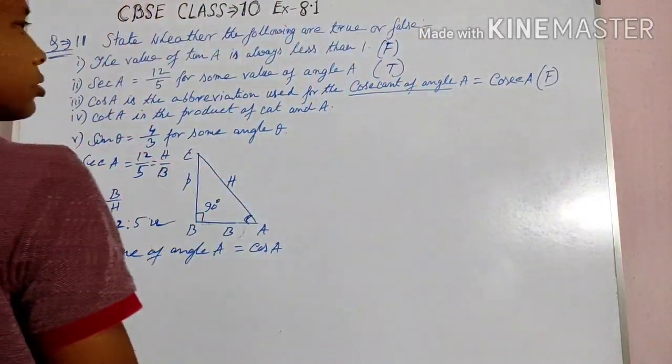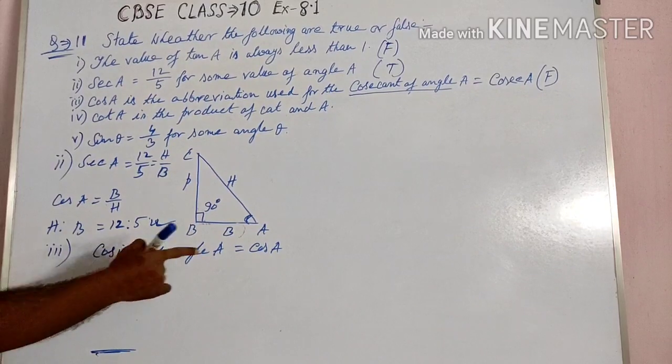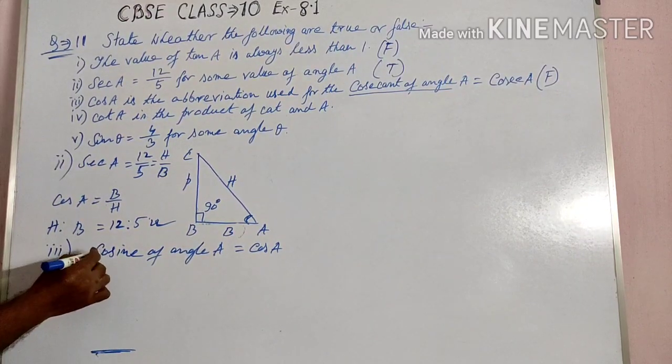This is a false statement. Cosine of angle A is equal to cos A.